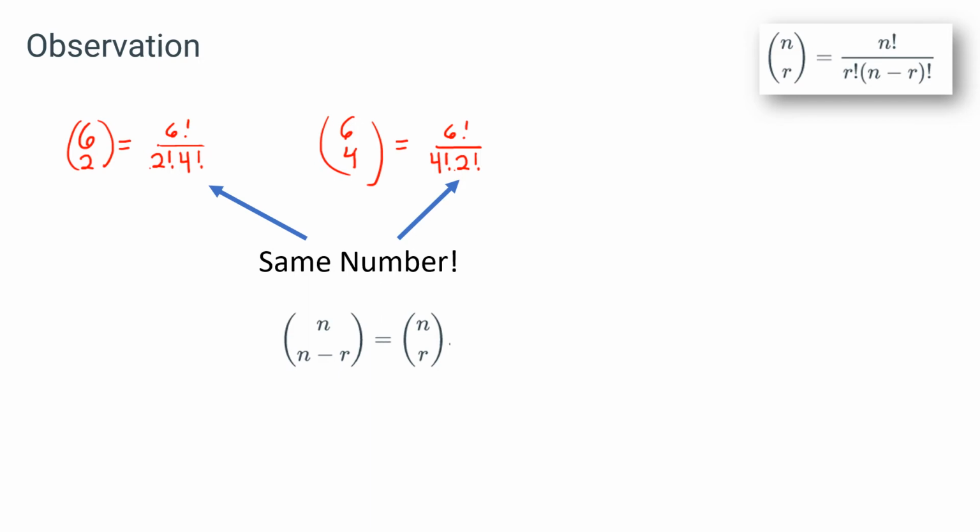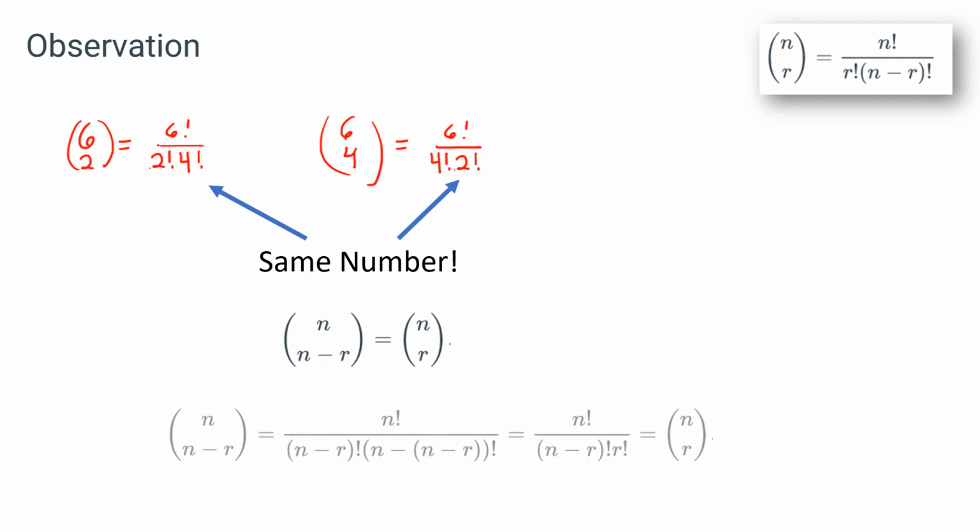So in general, here's what ends up being true: n choose n minus r is equal to n choose r. And here's the official proof for that. You could just plug in the numbers using the formula for n choose n minus r, and then do some simplifying and find out that it ends up giving you the same thing as n choose r.